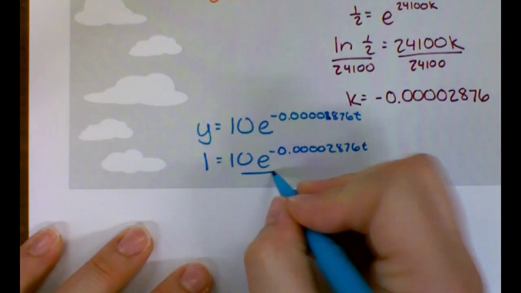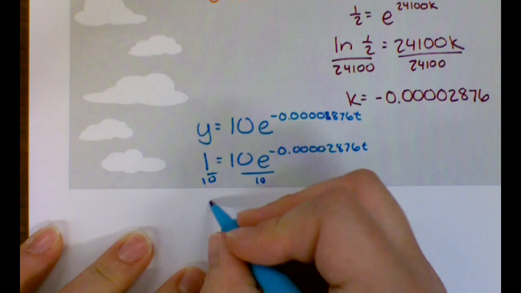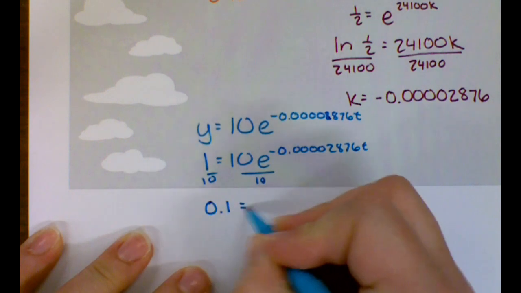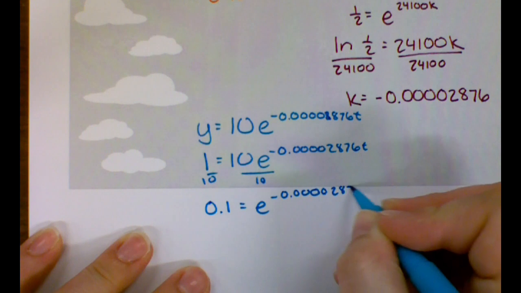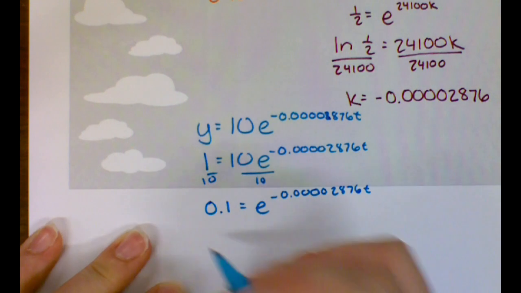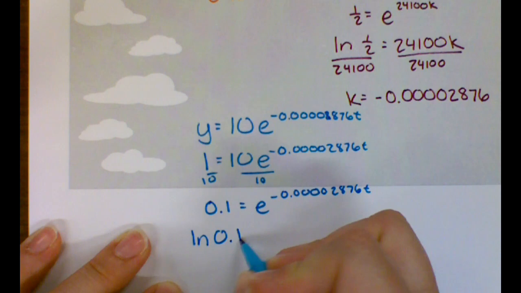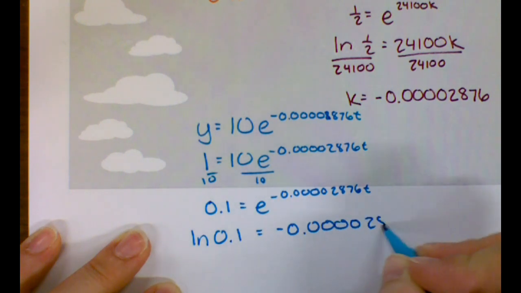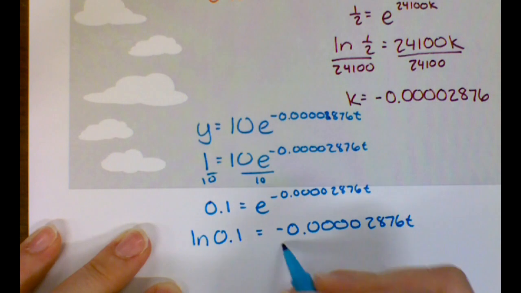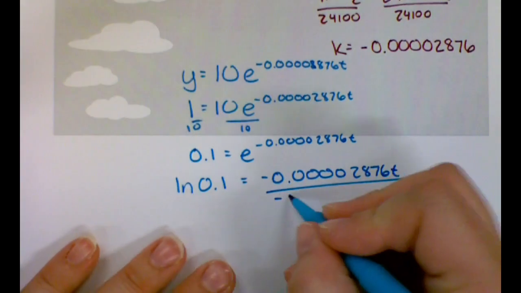Well, I would divide by 10. 0.1 equals e to this nasty looking power. I will take the natural log of both sides. And then I'll divide by this fun number.